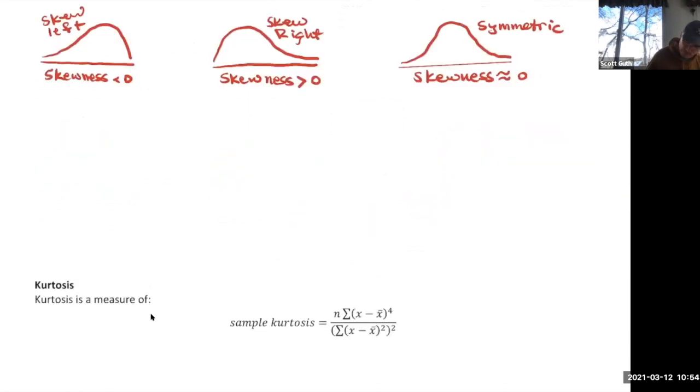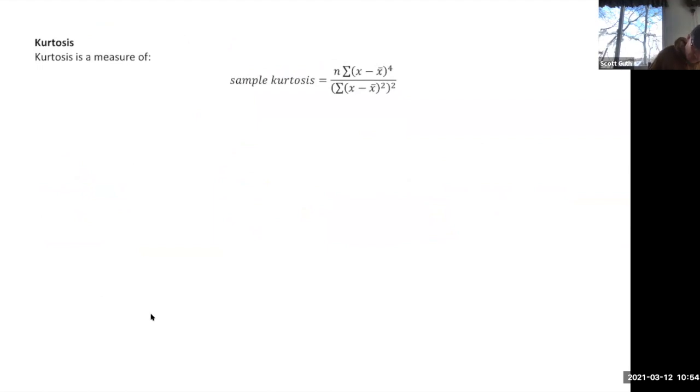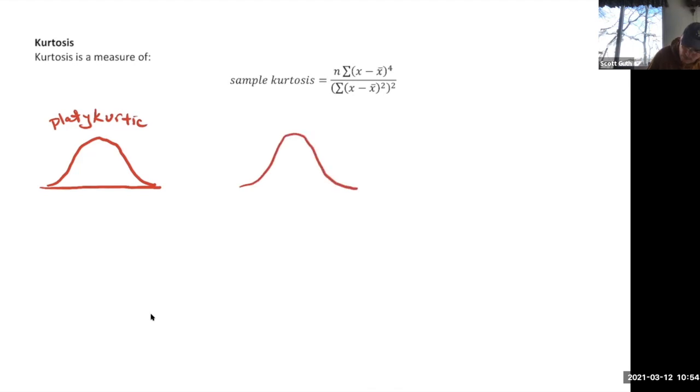Okay, so under kurtosis, we have the short-tailed distributions like that. And that's platykurtic. And then we have medium tails. And that's mesokurtic.